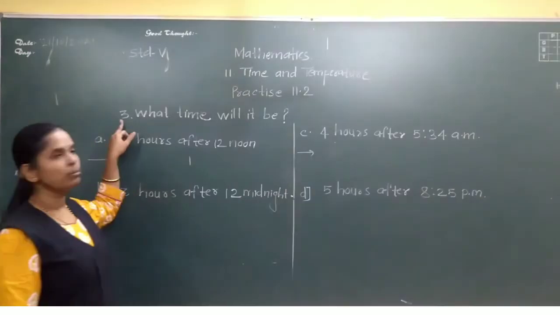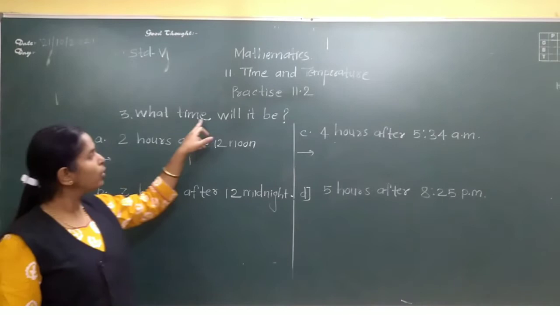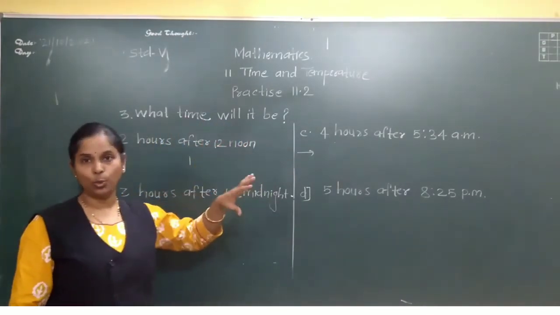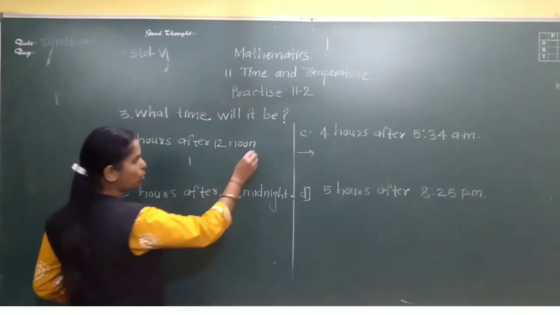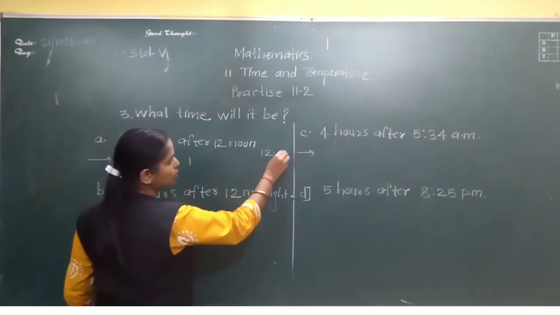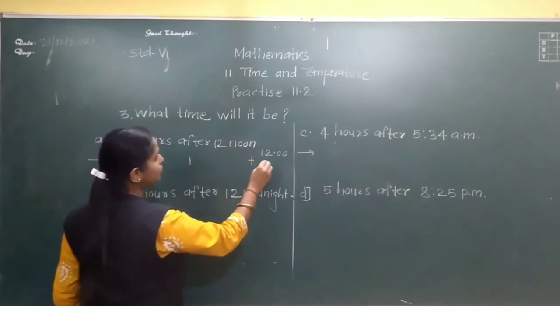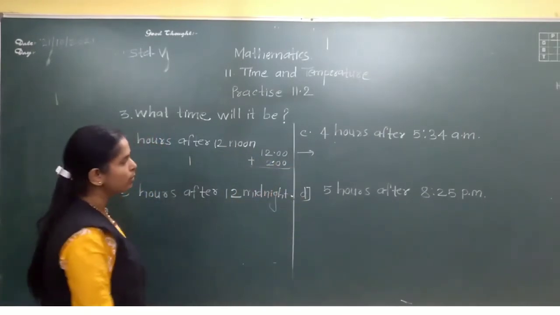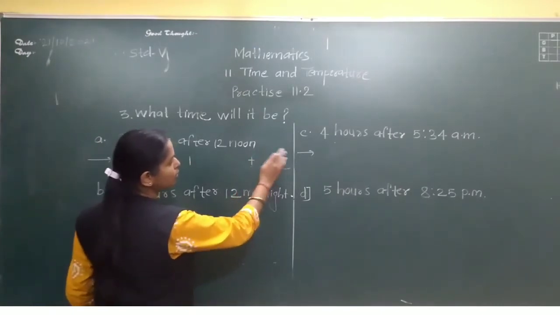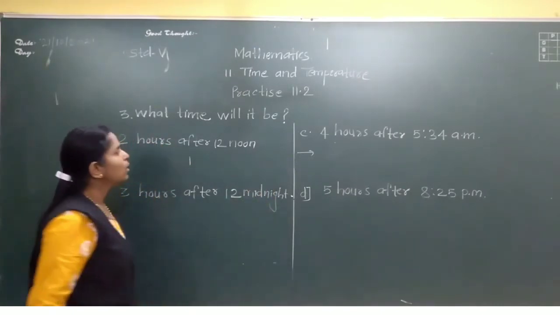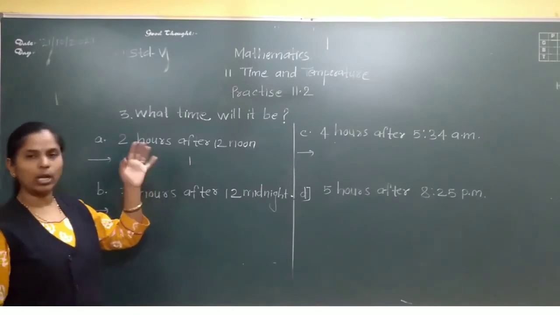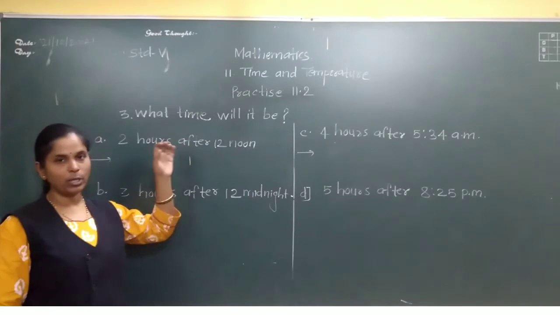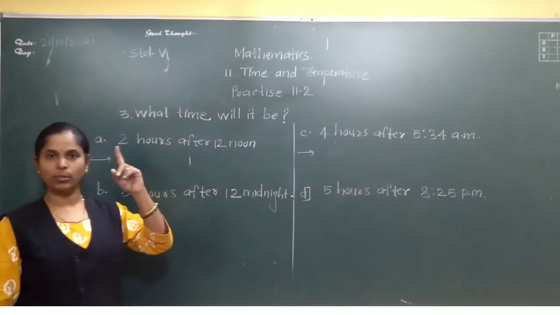Okay. Question number 3. What time will it be 2 hours after 12 noon? After 12 o'clock, 2 hours. How to count? We can count orally also. See here, 2 hours after 12 noon means after 12 what is the time? 1 o'clock.